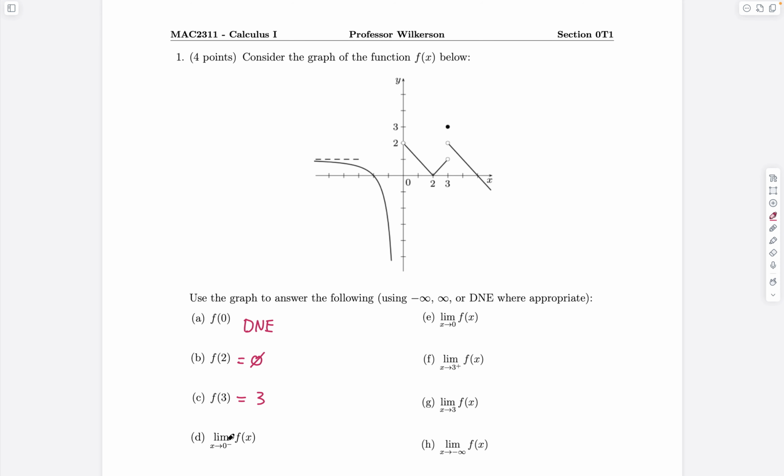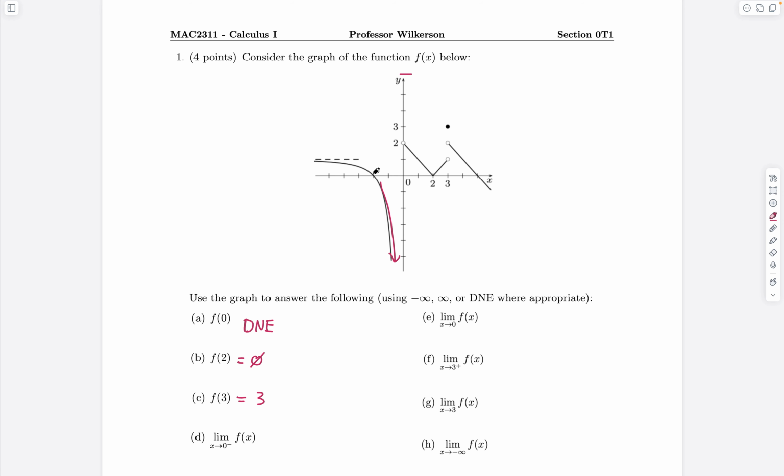So something like D, I'm asked the limit of f of x as x approaches 0 from the left side, right? From negative numbers. So I look at 0, which is obviously my y-axis here. As I go towards 0 from the left, my graph is moving towards x is 0, right? But I have to follow the graph to get there.